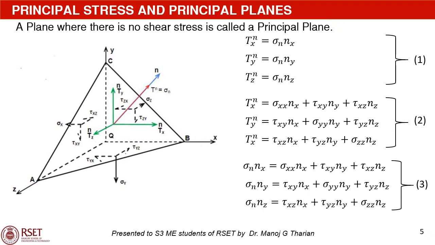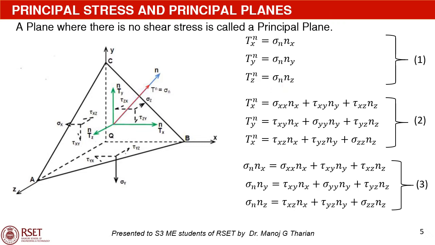These components can be written in terms of sigma n as Txn is equal to sigma n into cosine of the angle between n and the x direction, that is nx. Similarly, Tyn is equal to sigma n into ny, and Tzn is equal to sigma n into nz.